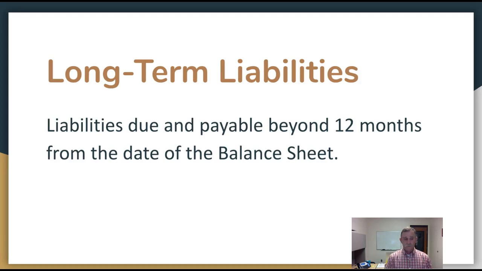Long-term liabilities. Okay. Those are all those that are due and payable far out there in the distance, more than 12 months typically. Again, following generally accepted accounting principles. We in ag kind of treat ourselves special.